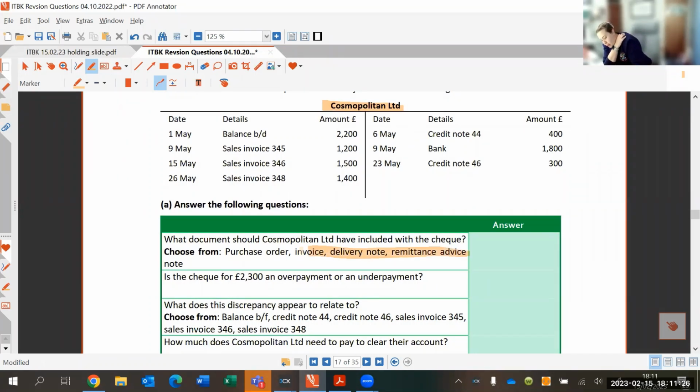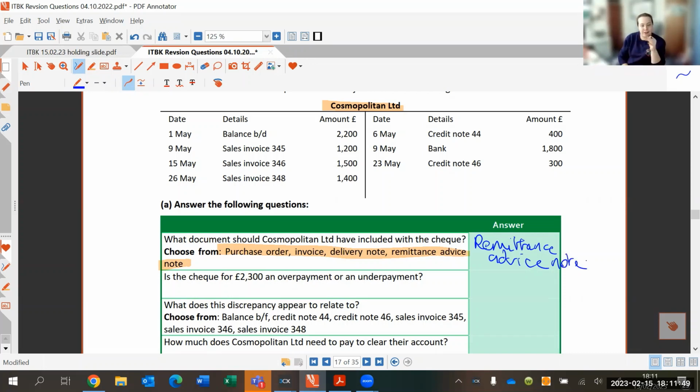You need to pick from purchase order, invoice, delivery note, or remittance advice note. Which one is our document? Indeed, we talked about it in the task briefing. I can see that it's popped up on the chat. It's our remittance advice. I'll give its full name, remittance advice note, but you might just see it as a remittance advice, which is fine.